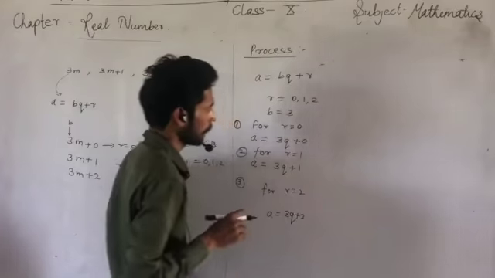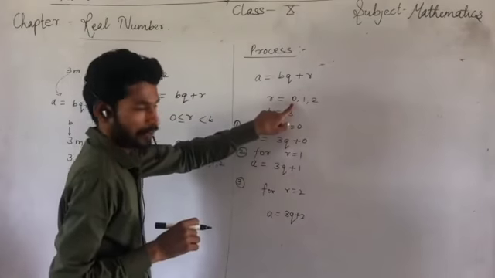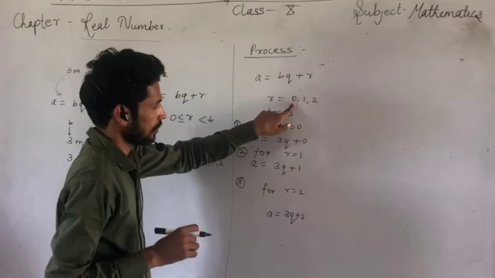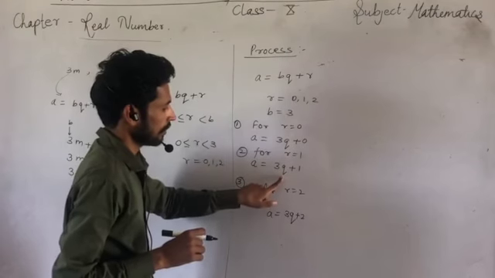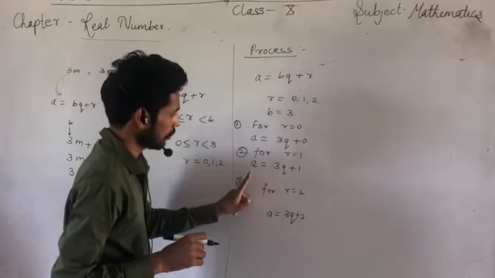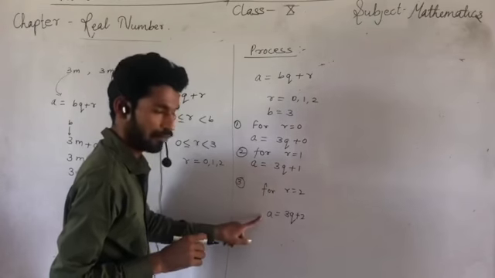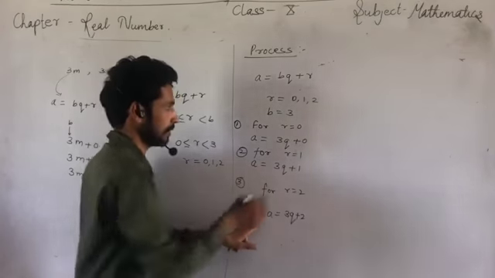We know that R is a positive integer and Q is a positive integer. So the real number A will also be a positive integer.